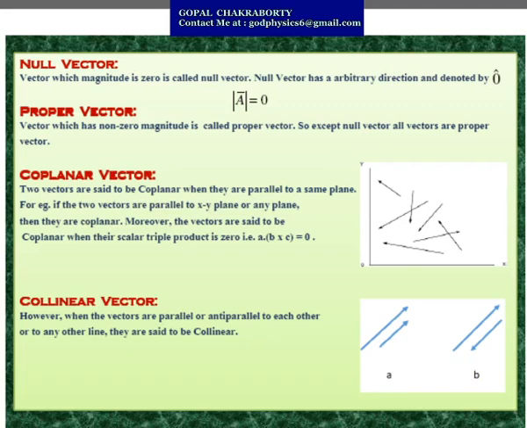Two perpendicular vectors, say x vector and y vector, if they are perpendicular to each other, may be coplanar vectors also if the two vectors A and B lie in the same plane. Next one, collinear vectors. When the vectors are parallel or antiparallel to each other or to any other line, they are said to be collinear. It is given in the diagram, you can see.